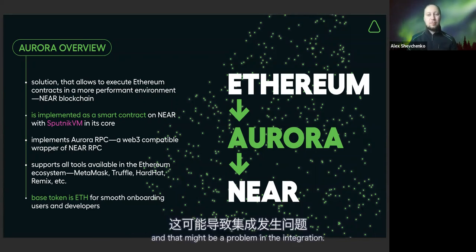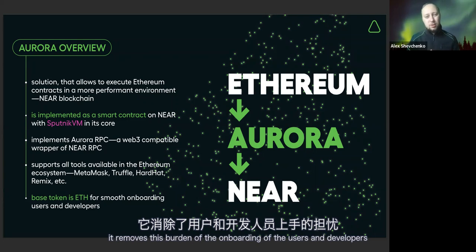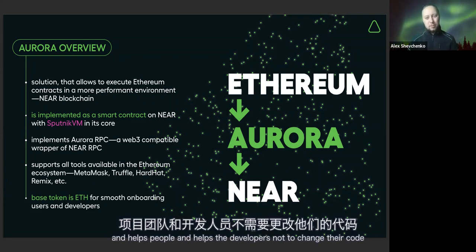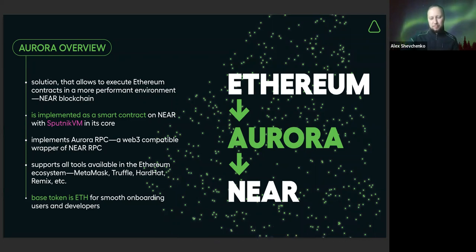And that might be a problem in the integration. So using ETH as a base token removes this burden of onboarding of users and developers, and helps developers not to change their code and keep things very, very simple during the integration.